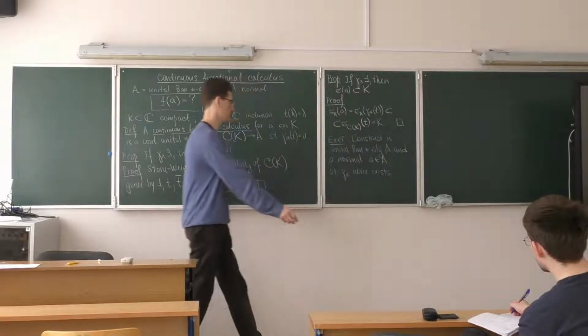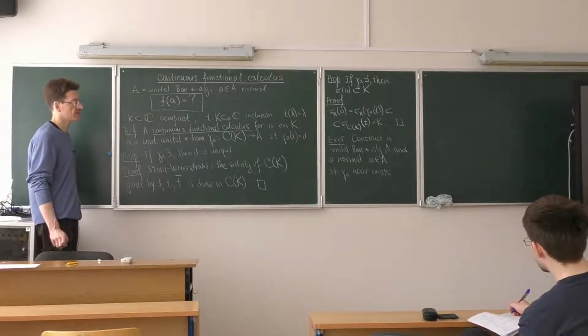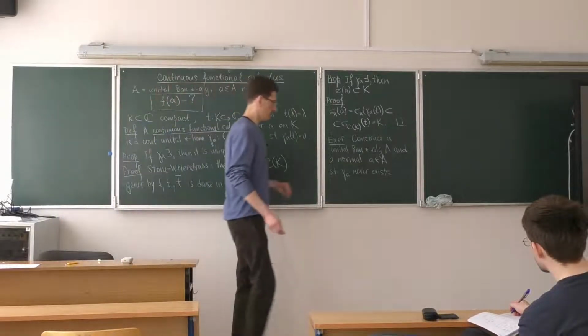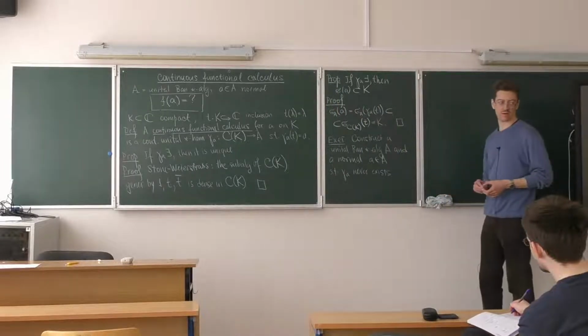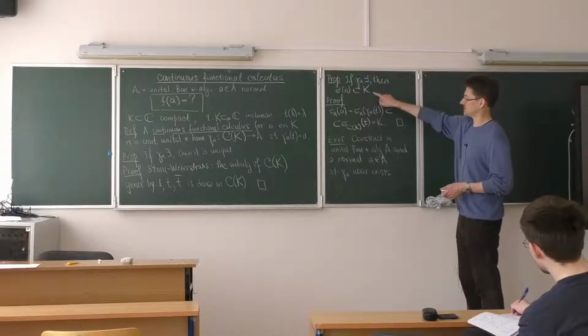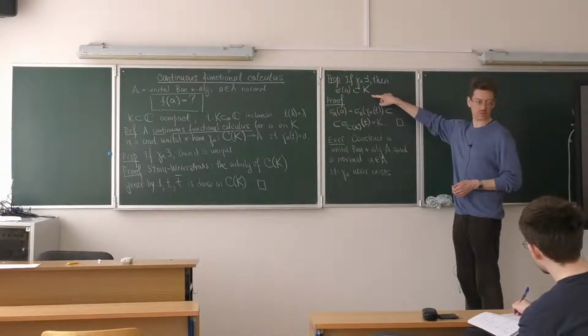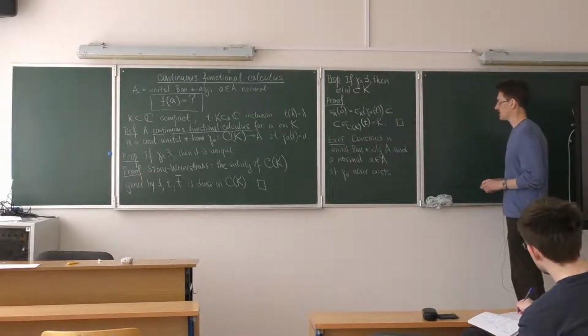So for any K, we have no gamma. Fortunately, if A is a C-star algebra, then everything is okay, and what we're going to do is to show that this necessary condition is also sufficient for the existence of the functional calculus.